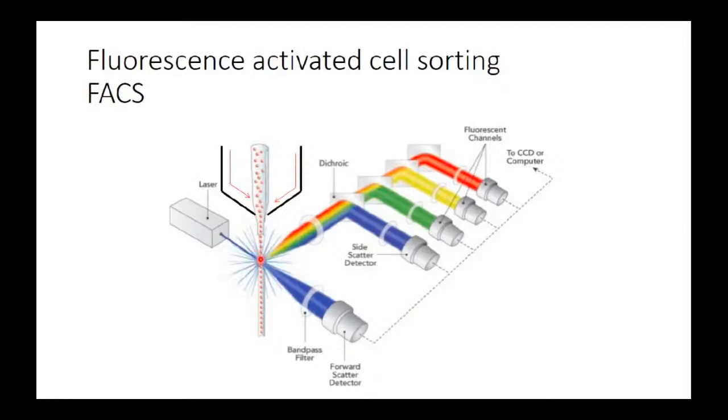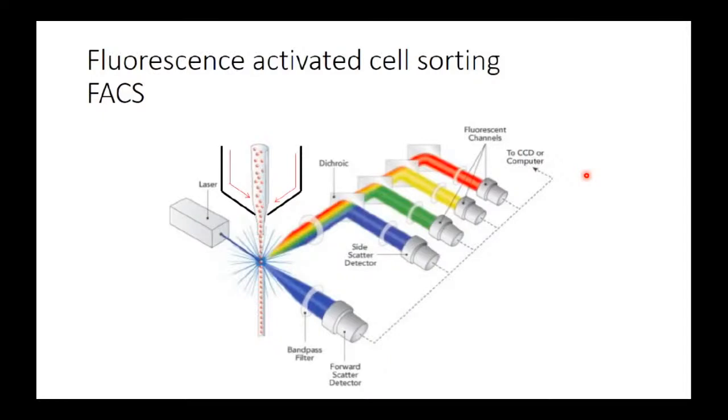When the cell passes through the laser beam, there is the forward scatter, which is detected by the forward scatter detector, and then there is the side scatter, which is detected by the side scatter detector. But here there is also the fluorescence, which is detected by the fluorescence detectors. Here we have mirrors and filters, which are aimed to filter the light and to deliver particular wavelengths to the appropriate detector. Then all the detectors are connected to the computer, which is going to analyze the data.